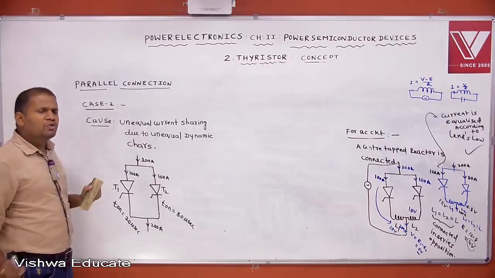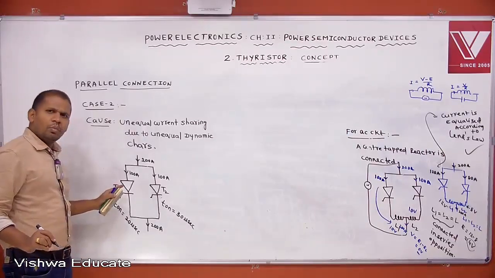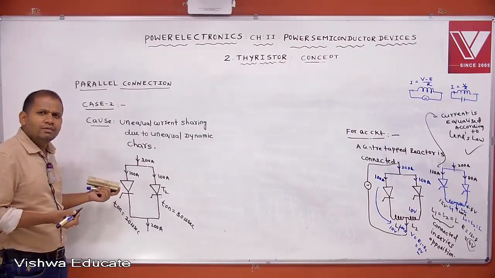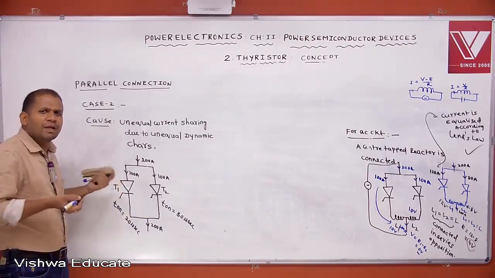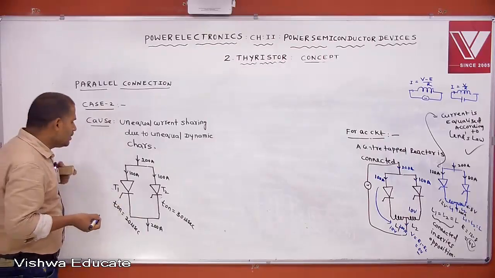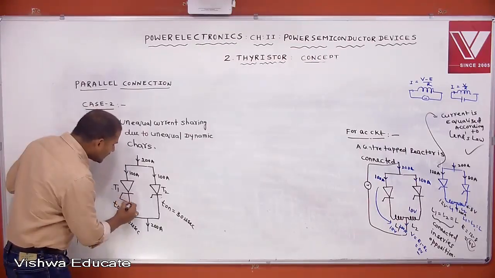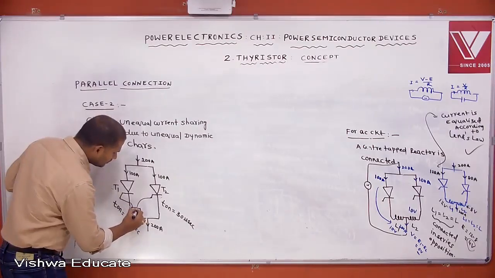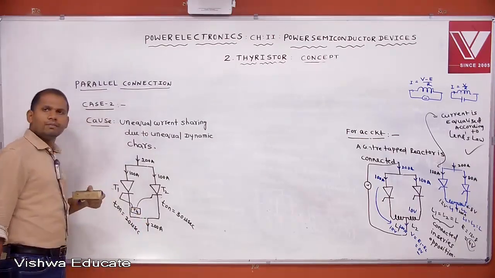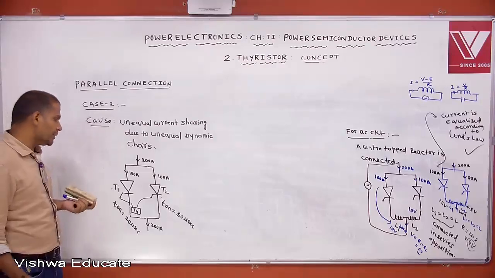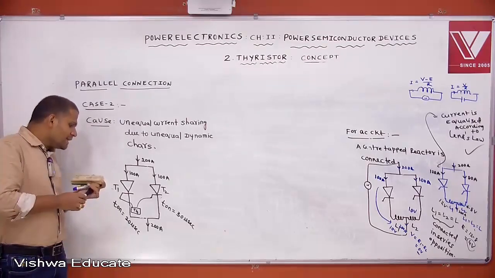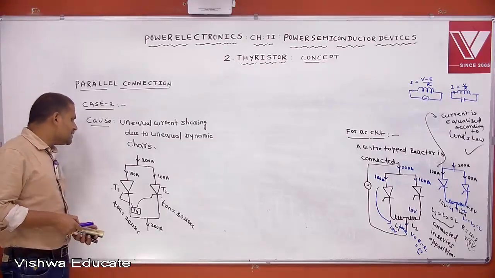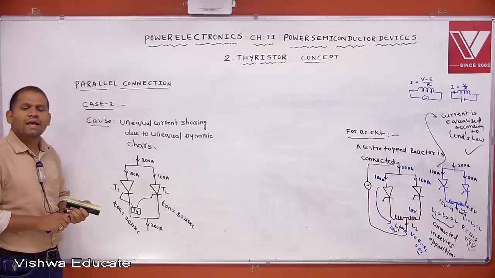But I am assuming that both the SCRs have the same rating. That's why I assume both have the same turn on time. With that assumption, I will trigger both the SCRs at a time. Tell me, if both the SCRs are triggered at a time, what happens? The thyristor with the lesser turn on time will turn on first.